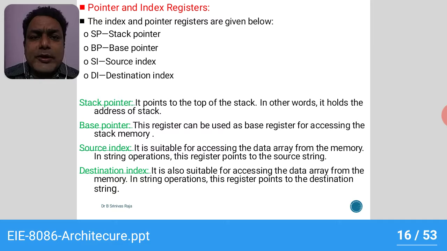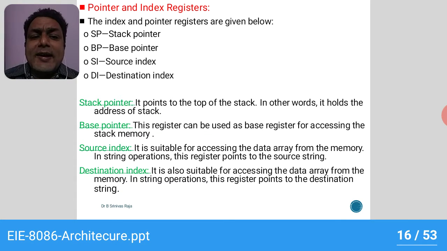Coming to the base pointer, this register can be used as base register for accessing the stack memory. Coming to the source index, it is suitable for accessing the data array from the memory. In string operations, this register points to the source string. So that's why it is called source index.